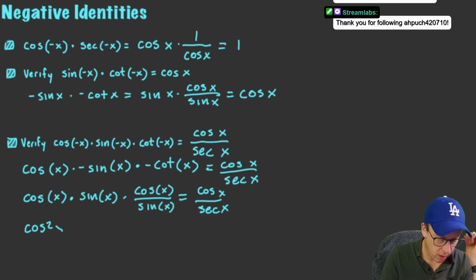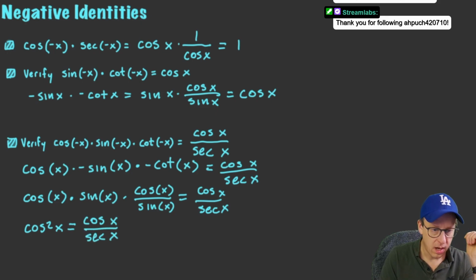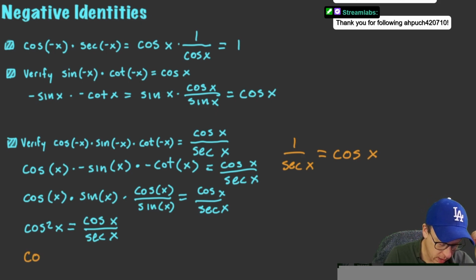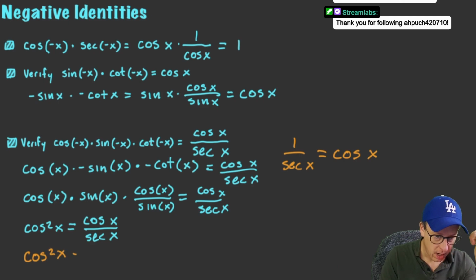So cosine squared x is going to simplify down to cosine of x over the secant of x. And because we know that 1 over the secant of x is going to be equal to the cosine of x, well, in that situation, we know that cosine squared x is going to be cosine squared x with this.